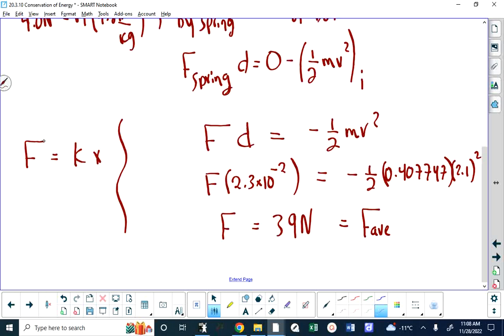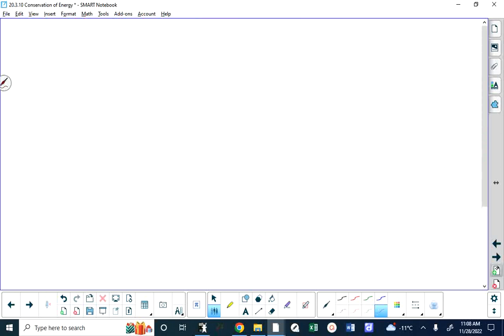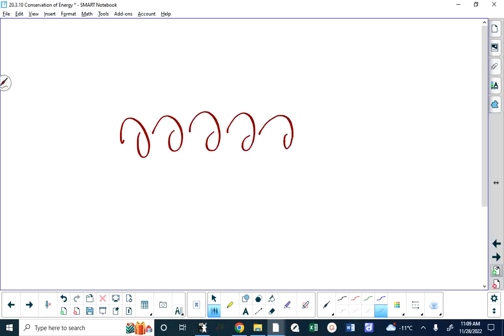And let's just say that the spring goes from being in this state to in this state. 5 coils, 5 coils.